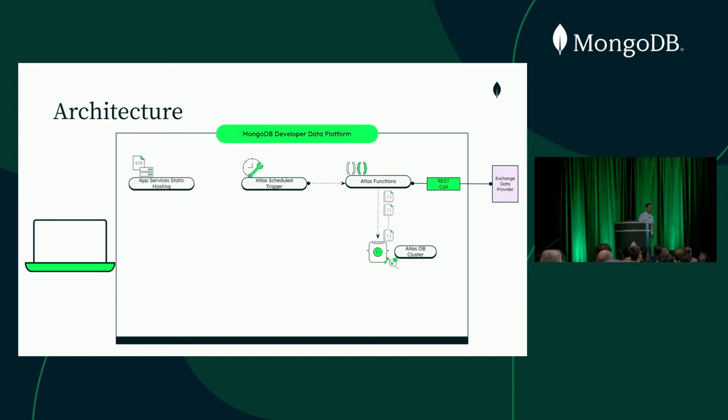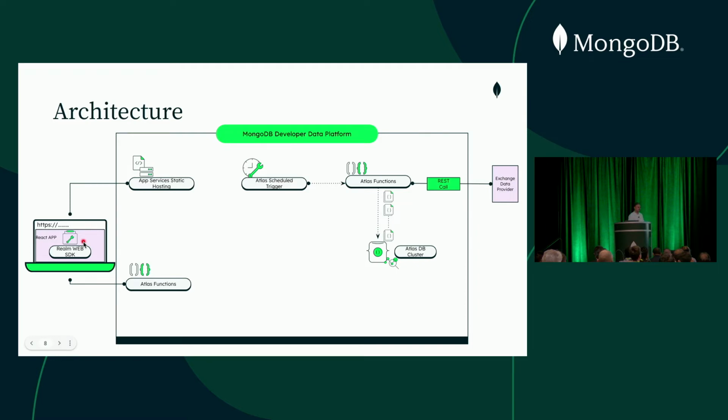And we actually have a single page application, and we host this React application in App Services static hosting that is available in MongoDB Atlas. Whenever the client visits the URL, they can see the application, and with the Realm Web SDK, they can access the MongoDB Developer Data Platform.